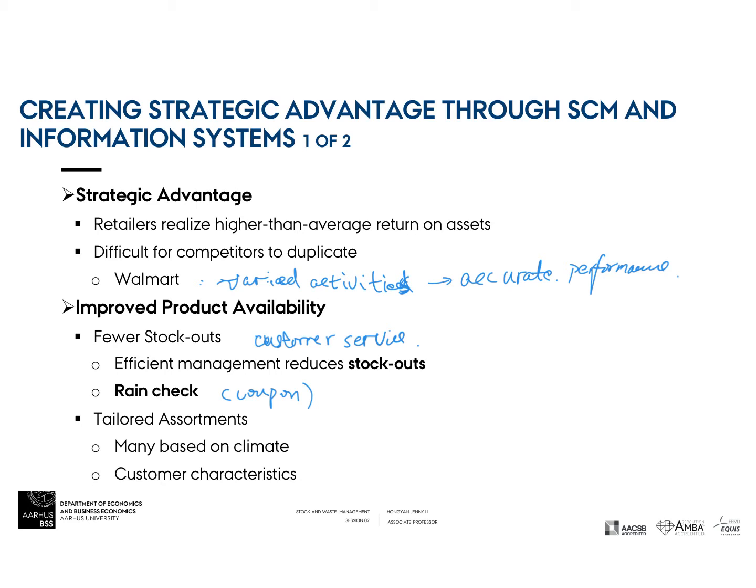The rain check can actually retain the customers. And then the targeted, tailored assortments also lead to improved product availability. So here we're talking about seasonal items, the right items in the right stores, and it depends on the consumer characteristics. And then it of course also contributes to the high return on the assets.